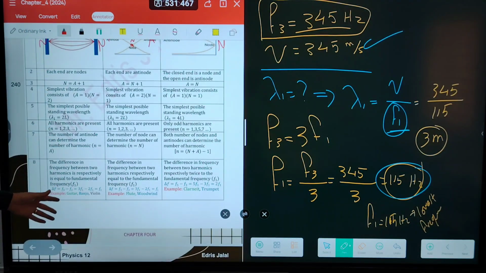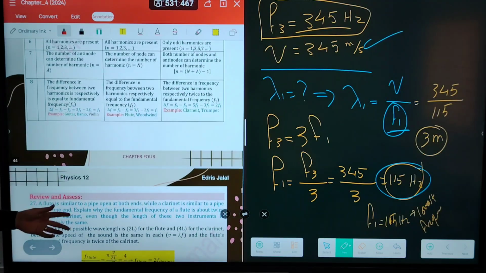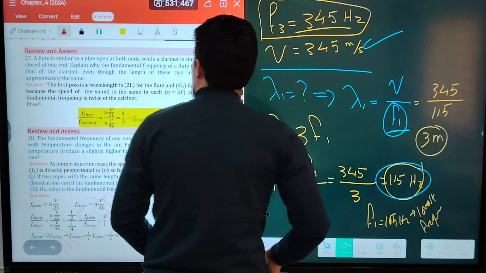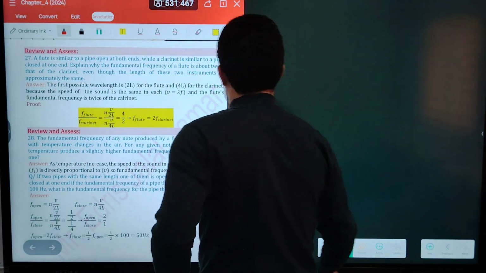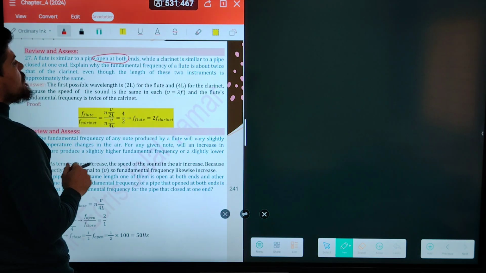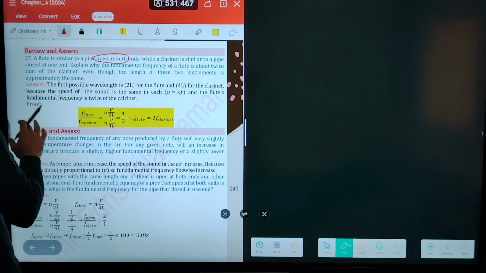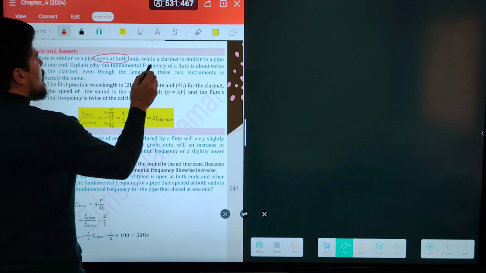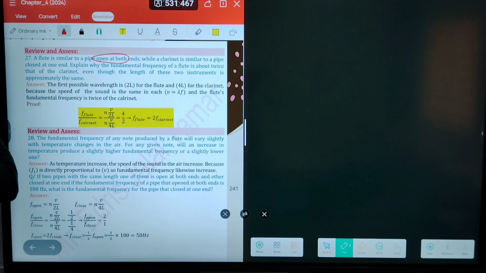I wrote all things and the differences between all of them. A flute is similar to a pipe open at both ends. Guys, this is very important. Before solving the question, you have to determine whether the pipe is open or closed. It should be mentioned in the question. While a clarinet is similar to a pipe closed at one end.